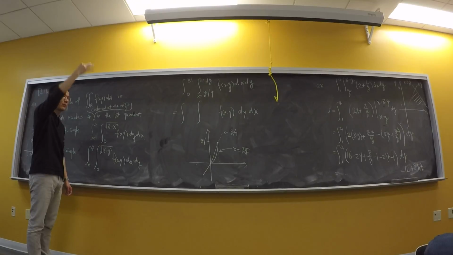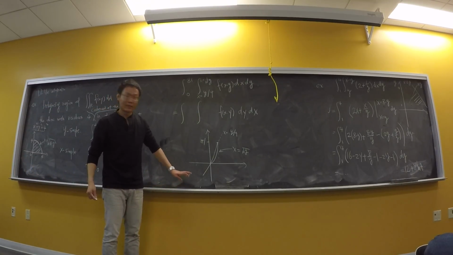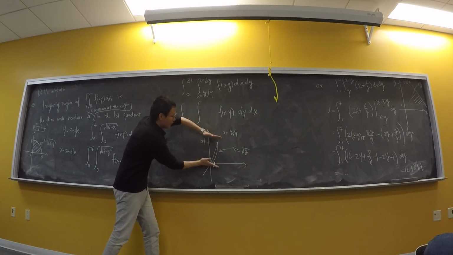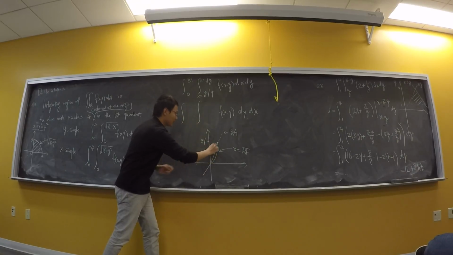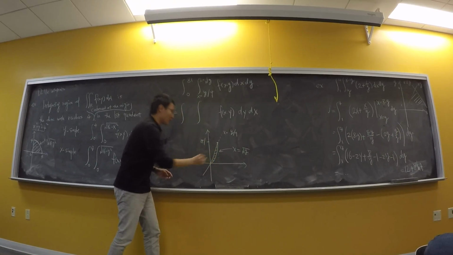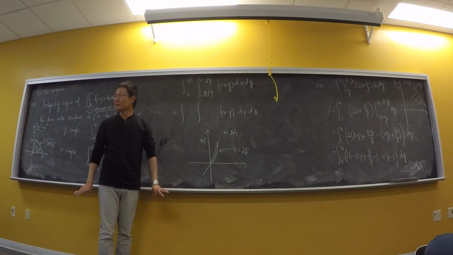So it is indeed a parabola opening upwards. Are you with me? So it is bounded between these two numbers. This curve is to the left, this curve is to the right. So this very slim region is indeed the integrating region. Are you with me? Completely convinced.